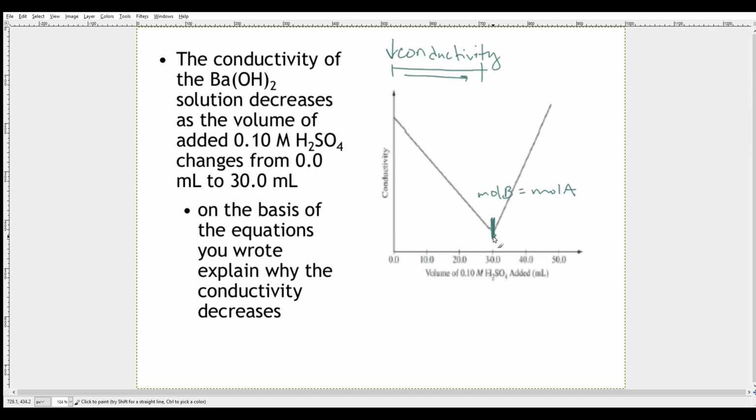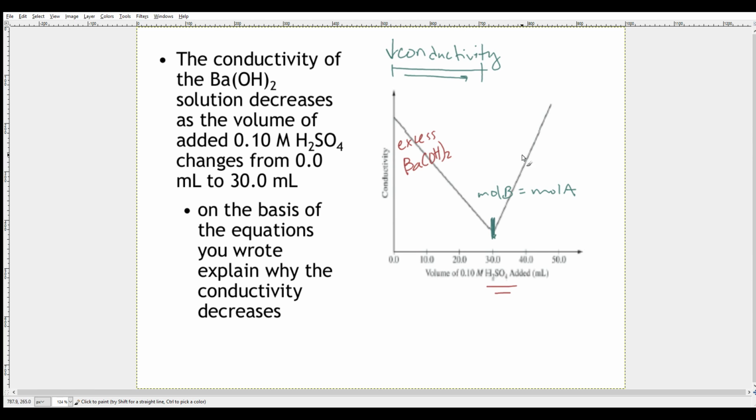Now, why is it that the conductivity increases as you go past that point? We know earlier the excess barium hydroxide allowed electricity to be conducted. However, on the other side of things, all of the barium hydroxide has been reacted with, and now we just keep adding sulfuric acid.